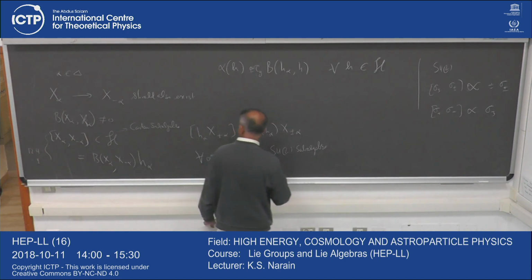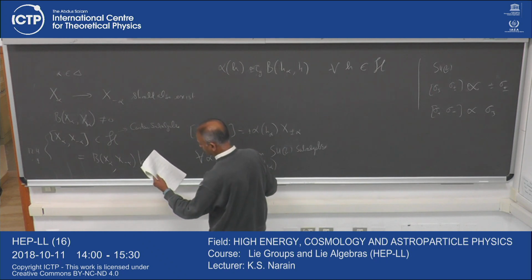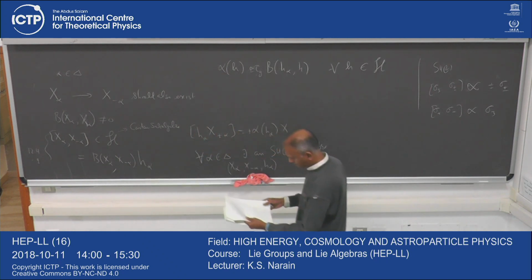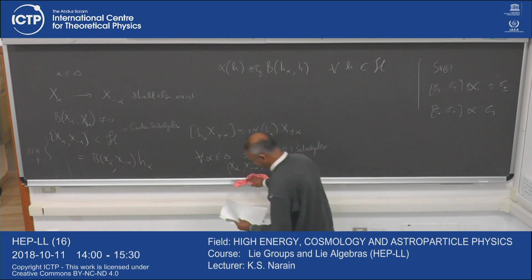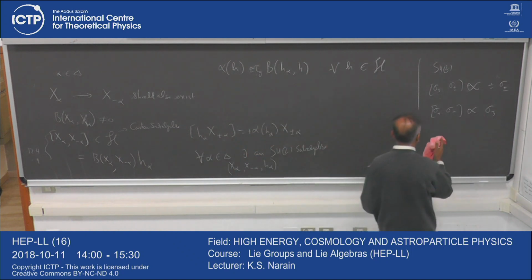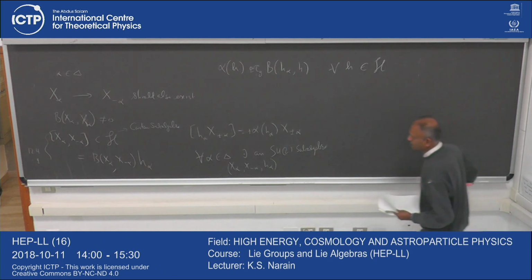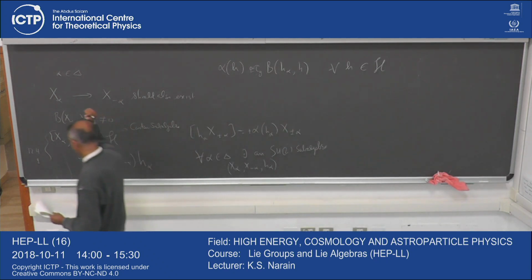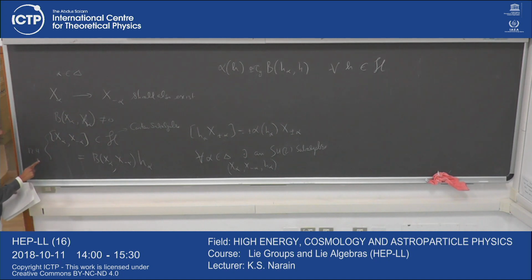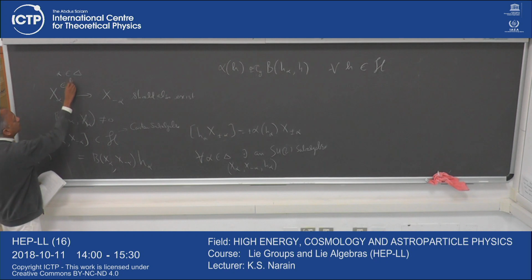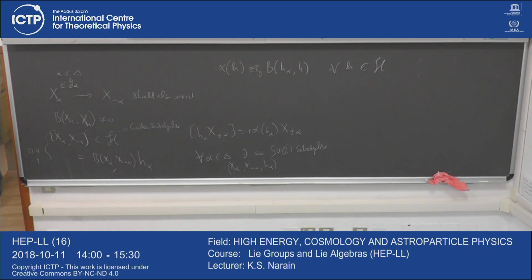Okay, the number 2 point. There's a little bit of a catch here. We have to prove one more thing. This was the root space: x_alpha belonged to what we call G_alpha, the set of all eigenvectors which have the same root alpha.